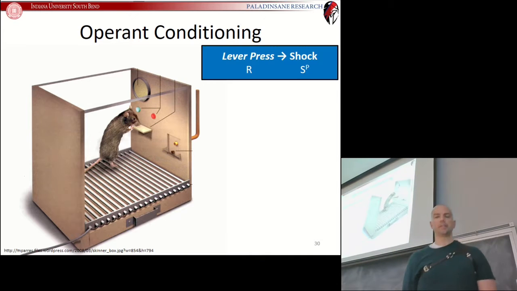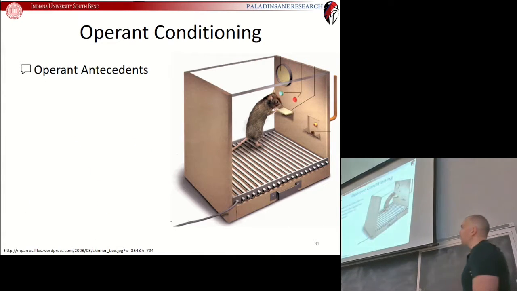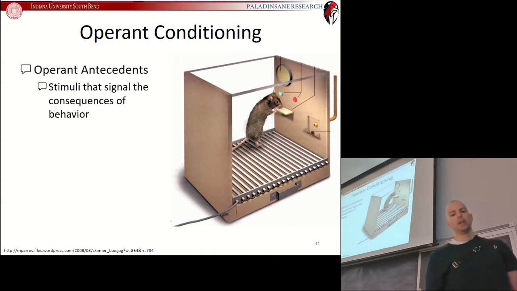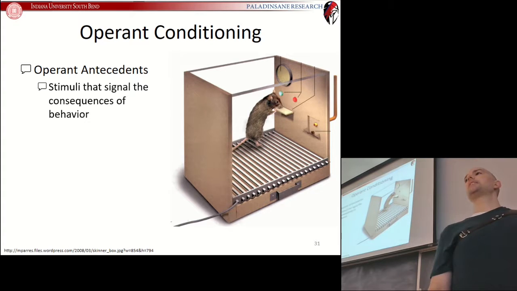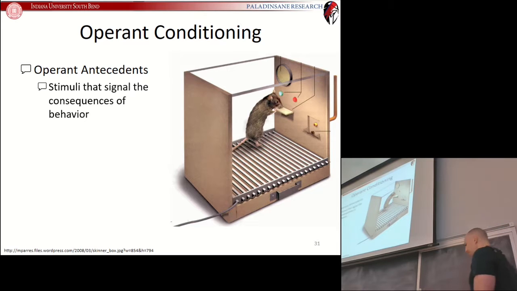All right, so the last basic term that we need is operant antecedents. An operant antecedent is a stimulus that will signal the consequence of a behavior. So it's a stimulus that lets us know whether a behavior will lead to one consequence or whether a behavior will lead to another consequence.